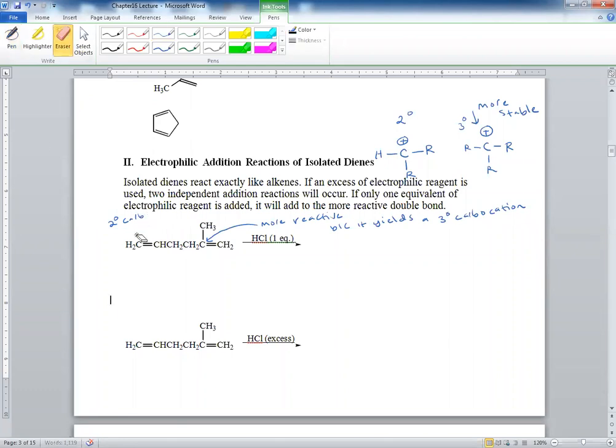Actually, this one right there. So if we were just to show you the first step, if you recall this from organic 1 really quick, the double bond would attack, and the bond would break between the hydrogen and the chloride. And then you would get the following.